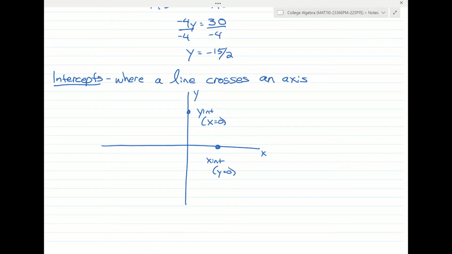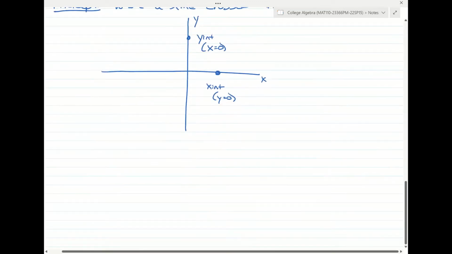So you will have a problem like this on your exam. Let me show you what the problem will look like. We'll say find the x and y intercepts for 2x minus y equals 4.